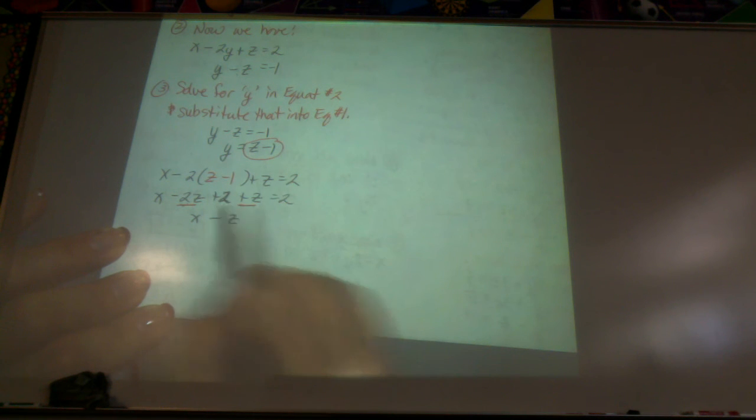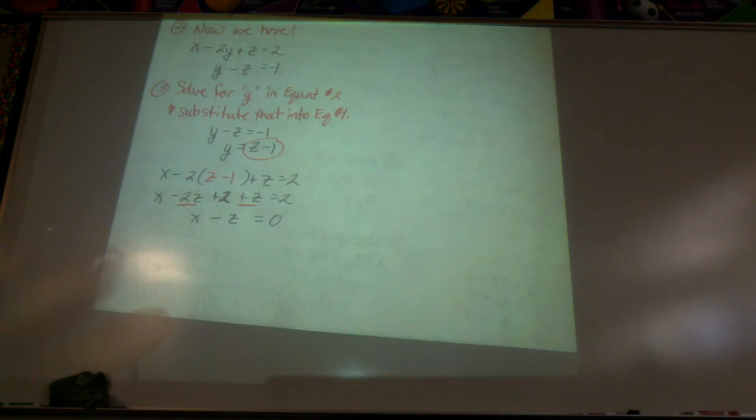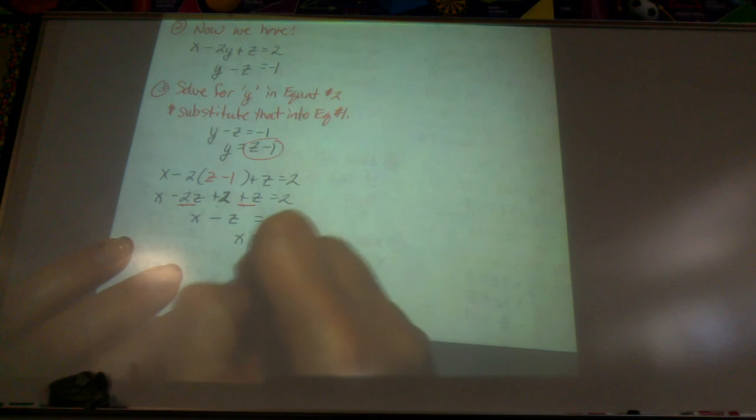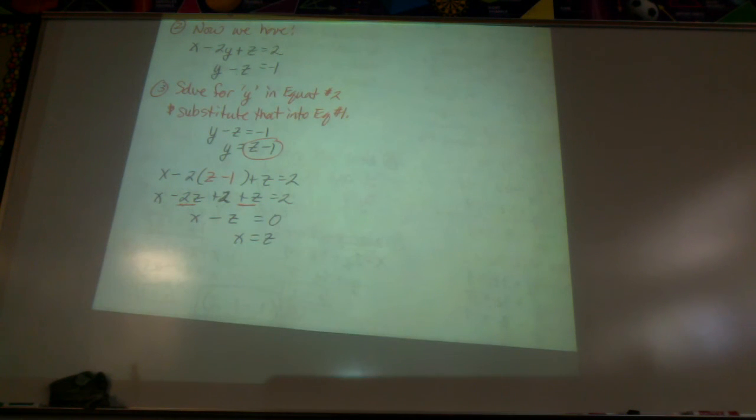I'm going to subtract 2 and subtract 2, don't I get equal 0? Wouldn't you agree that x is equal to z? If you solve for x, doesn't x equal z?